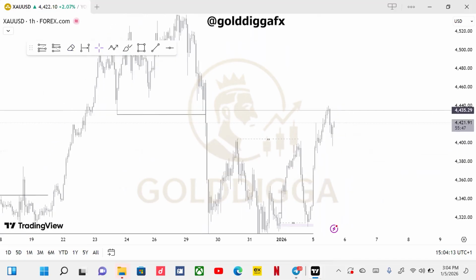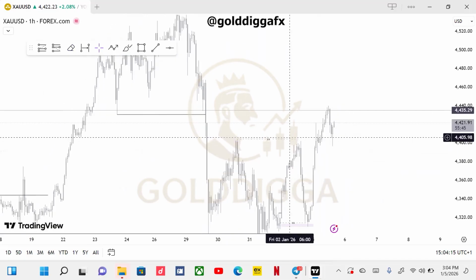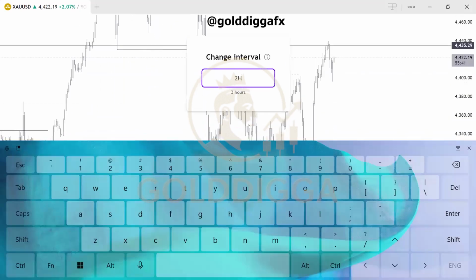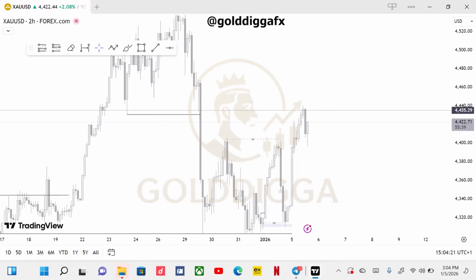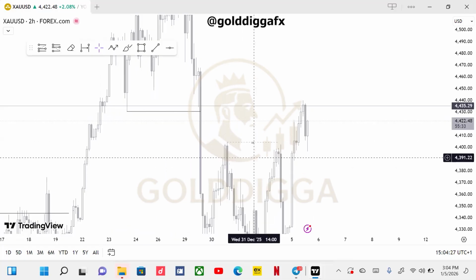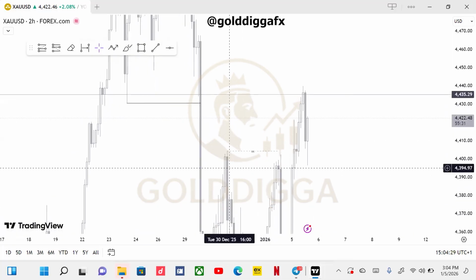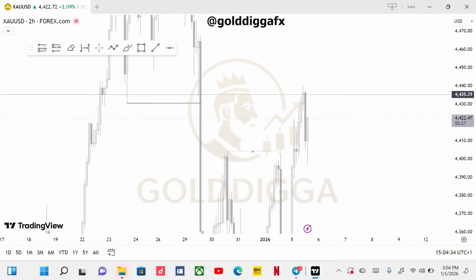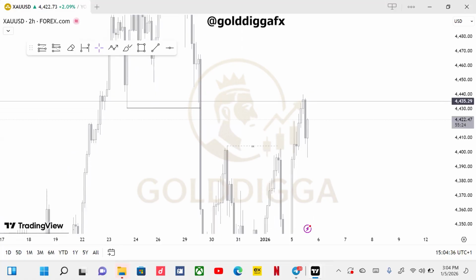Now, after seeing this, I marked out this liquidity. Then I went to the 2 hour time frame, where you can see it better. After my break of structure and liquidity, the closest level to my liquidity is not here, not here, because if you don't know your right break of structure, you would mark the wrong level.